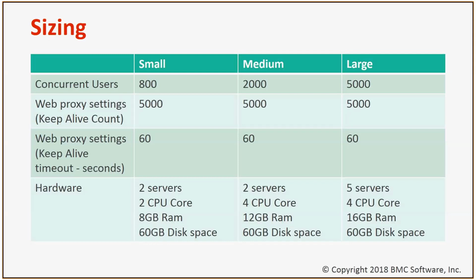And well, just making sure that you have 2 servers, 4 CPU cores, 12 gigabytes of RAM, and 60 gigabytes of disk space. We'll continue using the medium one for further examples, and then we'll review some sample configurations.